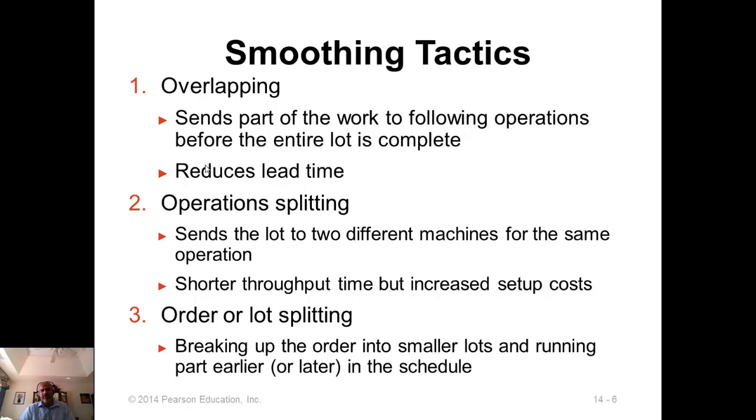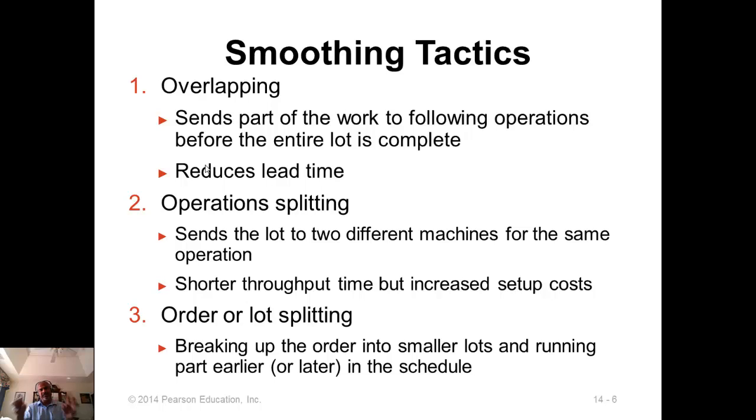Now, operations splitting, on the other hand, is to have two machines. If you have one machine that is supposed to produce that 100 units of lot size, instead you have two machines, so you produce 50 units in one and 50 units in the other, and this way you can reduce the lead time and get it done quickly.